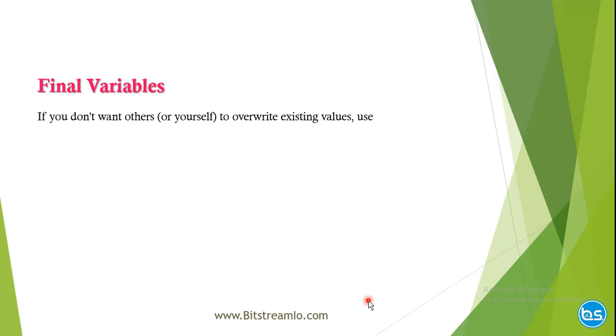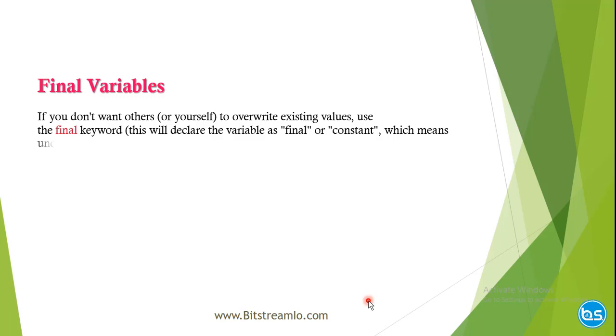If you don't want others or yourself to override the existing value, at that time you will be using the final keyword. This will make the variable final or constant, which means you cannot change it. You can only read the value.